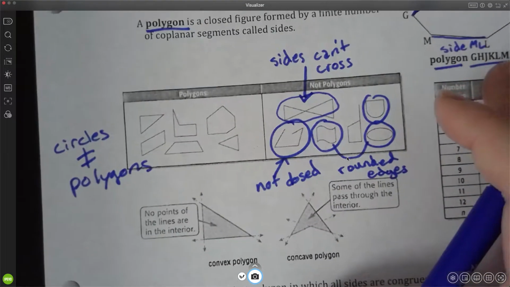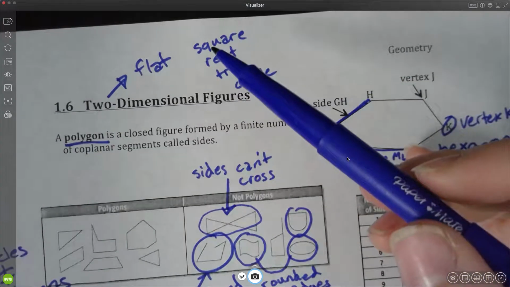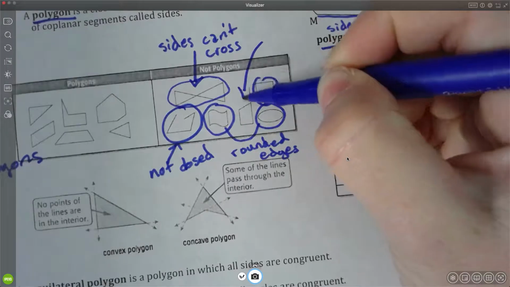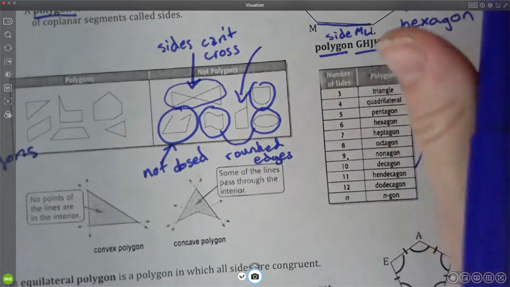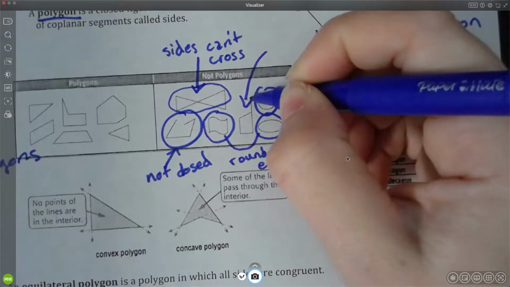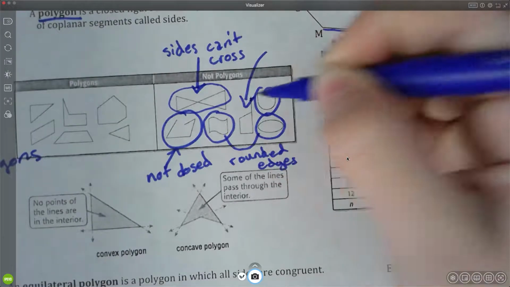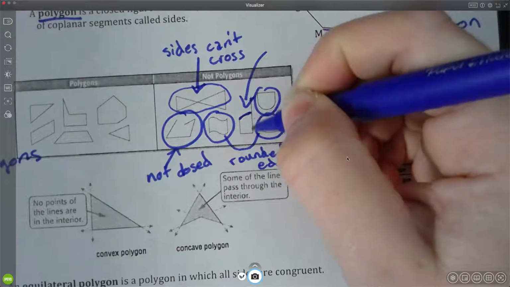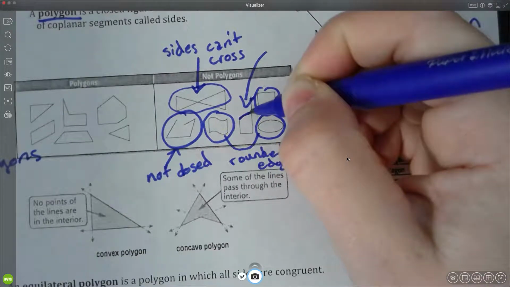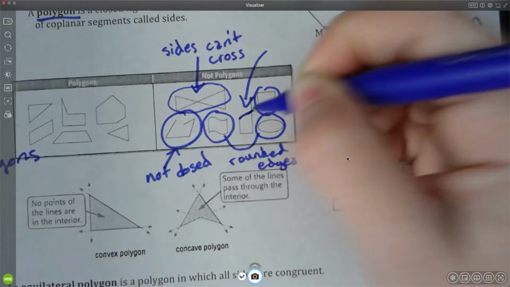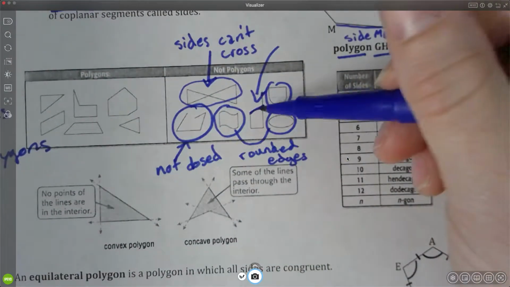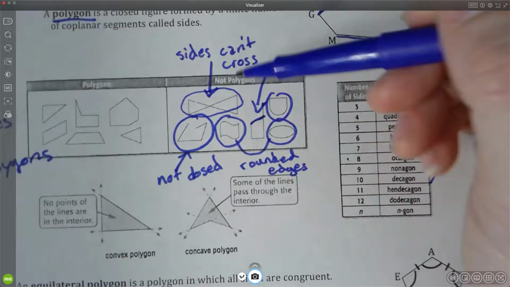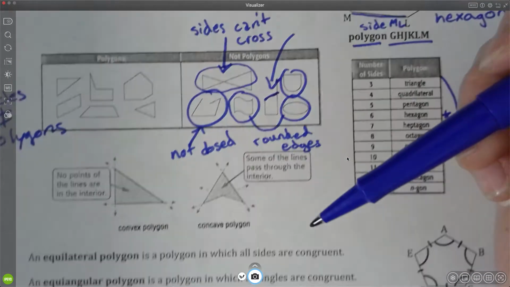All the rest of the ones that we're going to talk about on the back side, square, rectangle, triangle, are all polygons. And then this guy is the last non-example, and he is not a polygon because the vertices of the sides have to touch. So this side is intersecting the side here on the right at a place where it's not his vertex. So that's kind of why he doesn't work. All of these shapes look really funky, so it raises a red flag that they are not polygons.